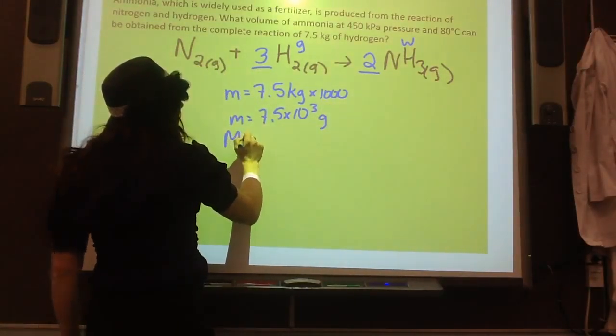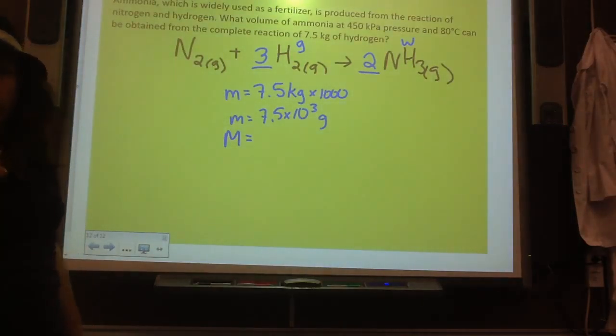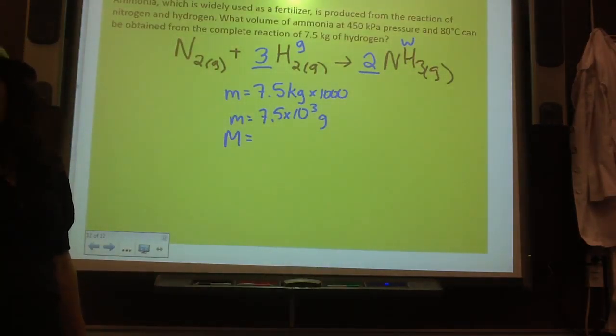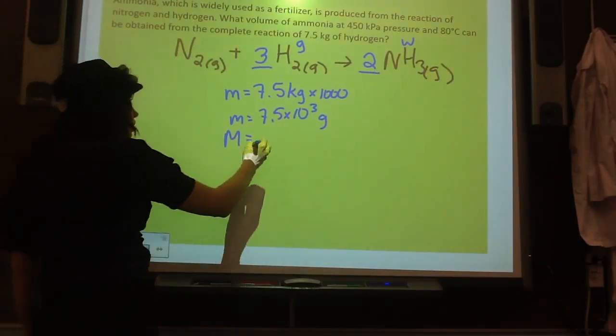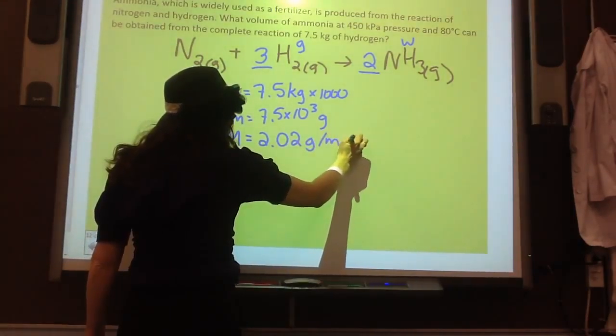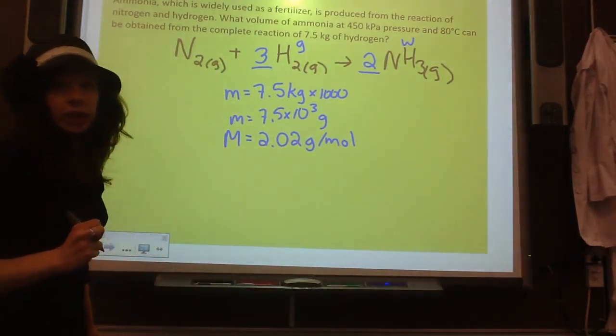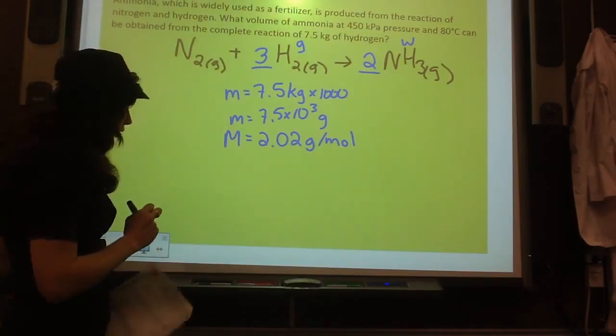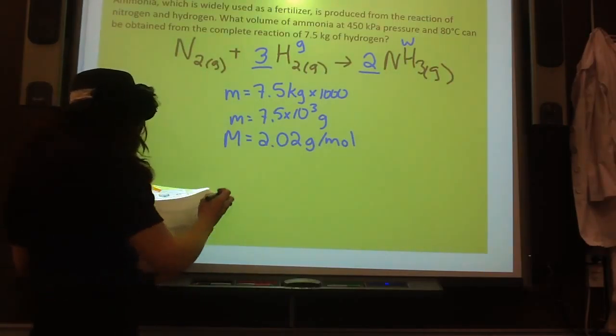Your molar mass needs to be 1.01 times by 2, because if you look at one molecule of hydrogen, there's 2 atoms present. You could kind of mental math that one: 2.02 grams per mole.